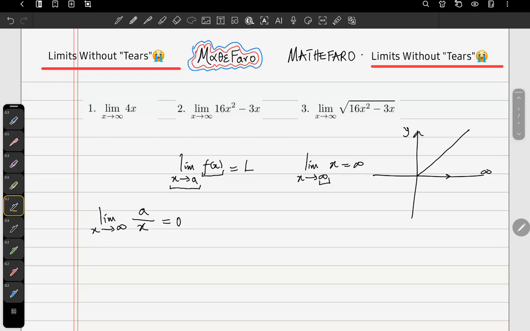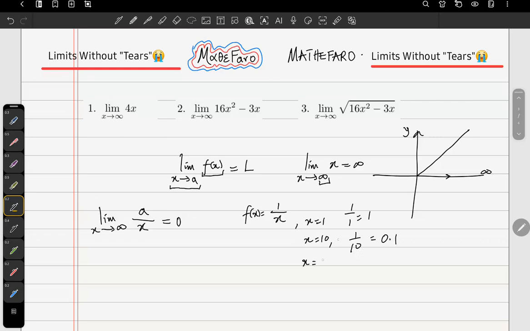It's just a simple idea. Consider f of x equals 1 over x, for instance. When x is equal to 1, f of x is 1 over 1, which is 1. When x equals 10, that is 1 over 10, which is 0.1.